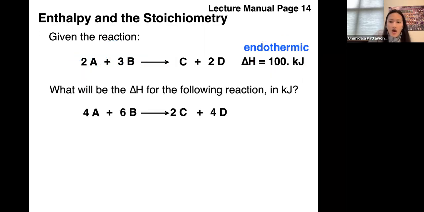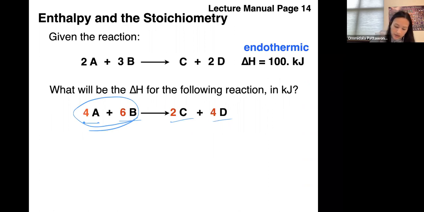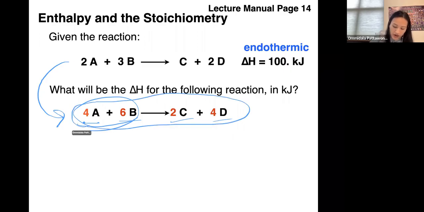Now what if I have 4A, 6B, 2C, and 4D? What should be the amount of heat involved with this reaction? Well, if you're looking at the coefficients, the bottom one is 2 times greater than the top one, so you double everything.